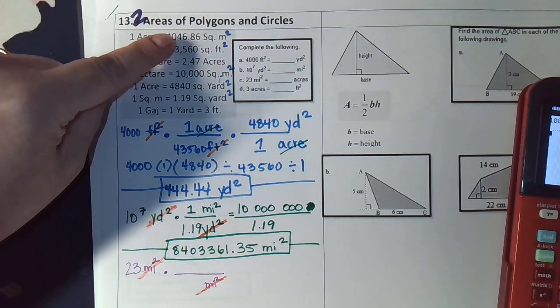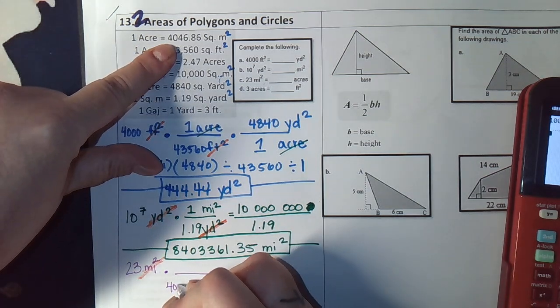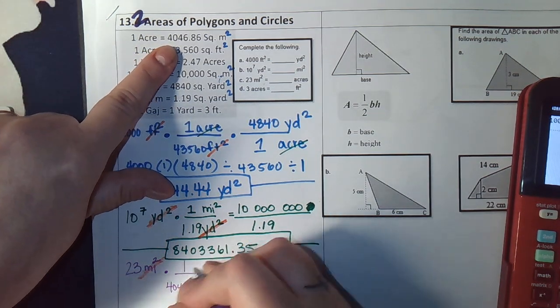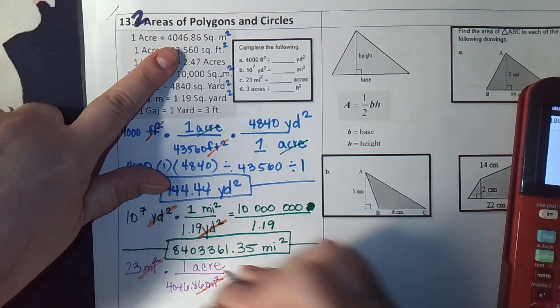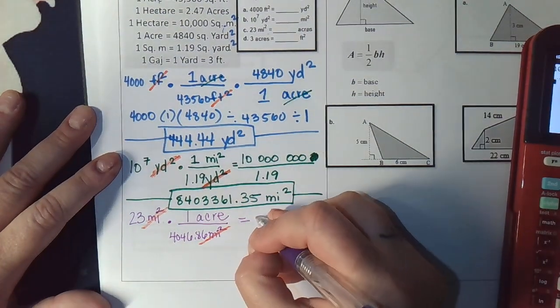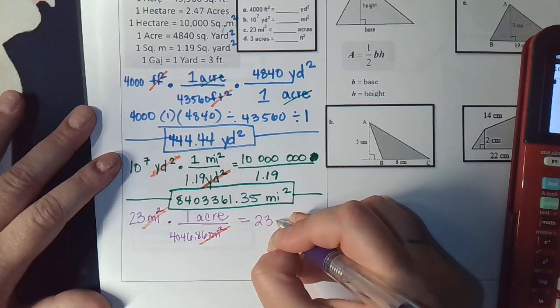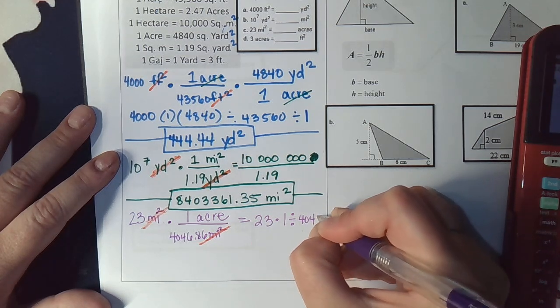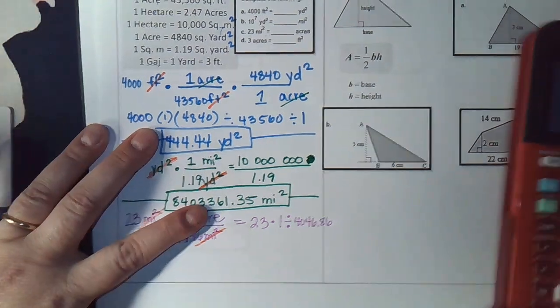Okay, so we know that 4,046.86 square miles is 1 acre. Okay, then the square miles cancel, and we do 23 times 1 divided by 4046.86.